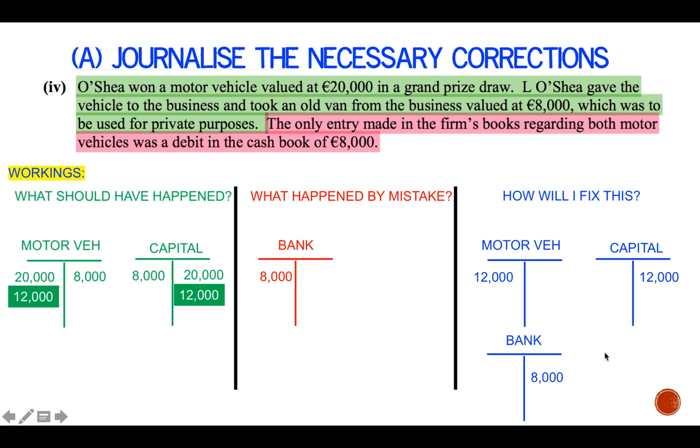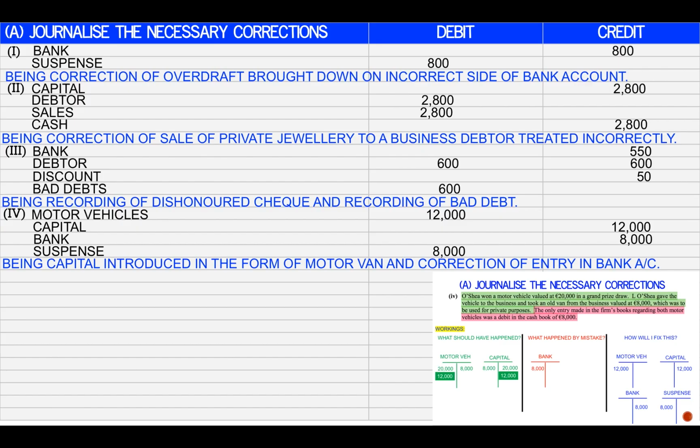Now my debits and credits do not equal, so what I have to do is put debit suspense on the debit side, €8,000 there. We enter those workings into the face of our journalised entries, and then a narration could be: capital introduced in the form of a motor van and the correction of entry in the bank account.